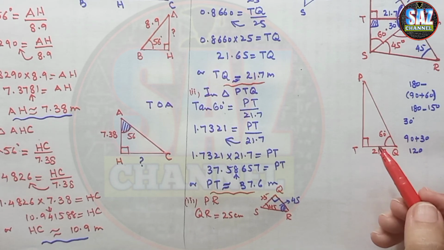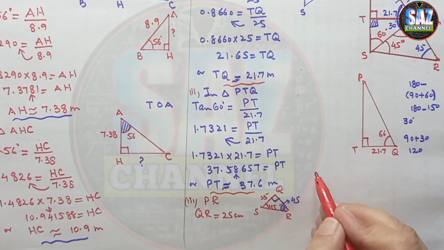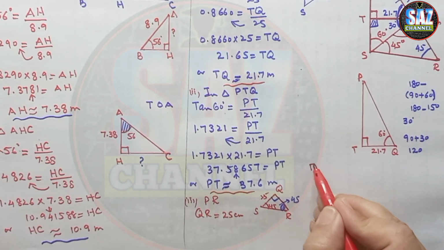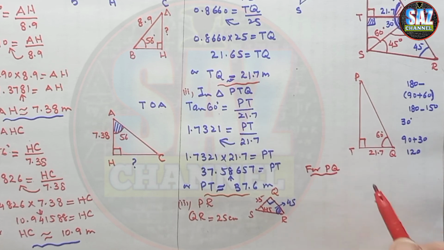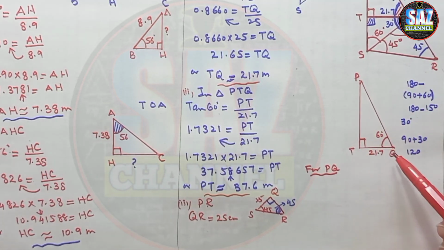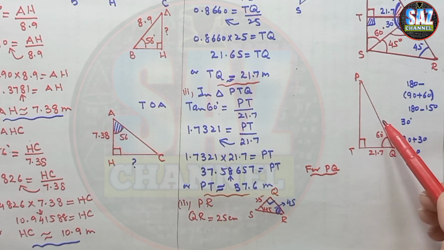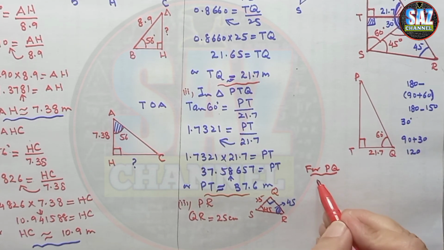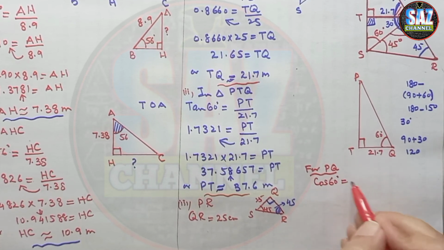Now the problem is to find PQ side. For PQ, again I will be taking the triangle PTQ. In this triangle, I have one side with me. So, adjacent upon hypotenuse, cos 60 degrees equals adjacent 21.7 upon PQ.